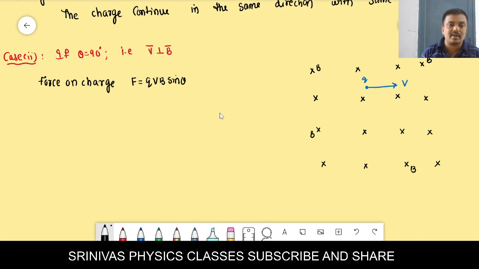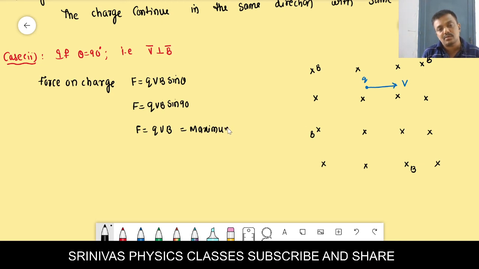If the velocity is perpendicular to the magnetic field, the force on charge formula is QVB sin theta. Here the angle is 90 degrees, and sin 90 is 1, which is the maximum value. Then we get the force as QVB. This is the maximum force, remember.